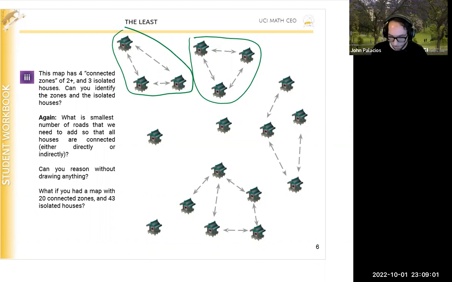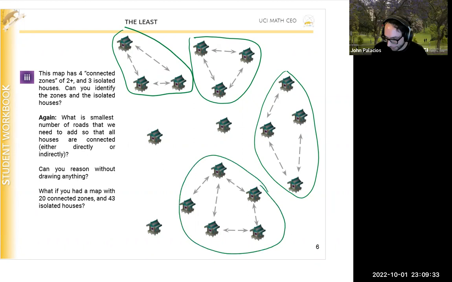Anyways, so you want to invite your students to identify the zones or the connected subgraphs or the components or the neighborhoods, which is probably a better word to use, by maybe circling them, but remember you're going to be connecting them with roads. So I'm not sure how you're going to be doing this, but maybe remind them to leave some room to draw roads in between.